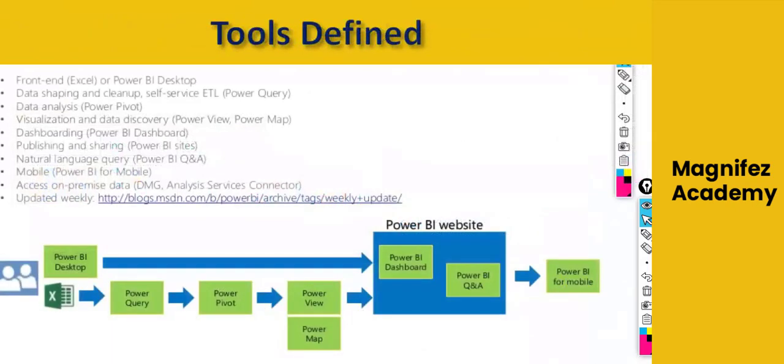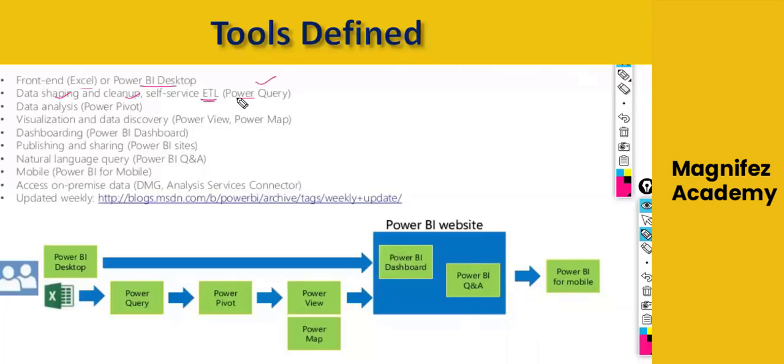So what are the tools available in Power BI? For those who are from the Excel side, this sheet plays a very important role. You can imagine Excel or Power BI desktop. If you want to clean the data, connect the data, or shape the data, all those ETL parts, you need not depend upon any other ETL tool.